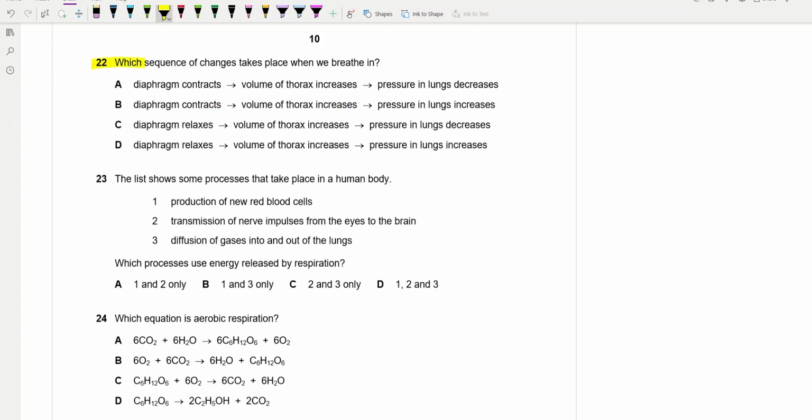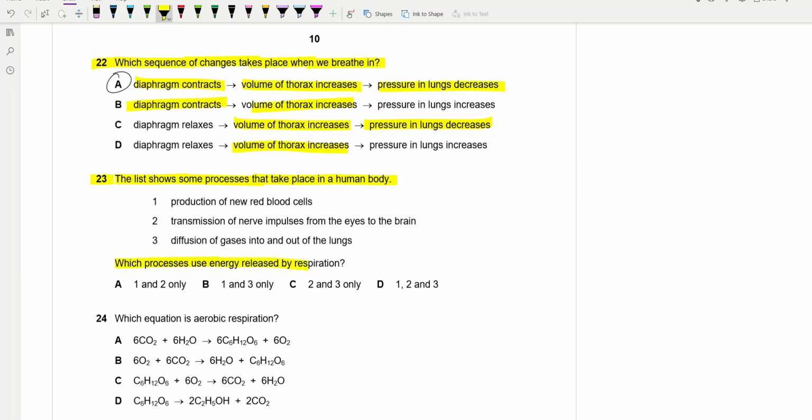Question number 22. Which sequence of changes takes place when we breathe in? The diaphragm contracts, the thorax volume increases, and the pressure in the lung decreases. So the correct option would be option A. Question number 23. The list shows some processes that take place in a human body.